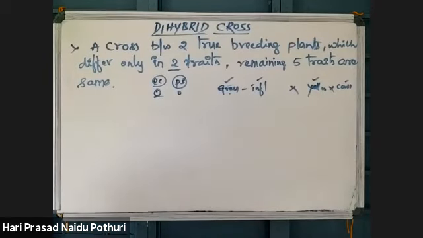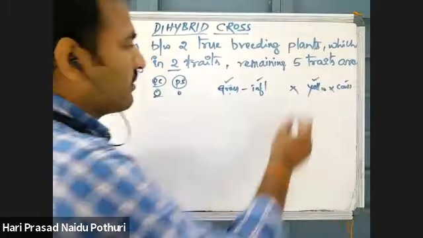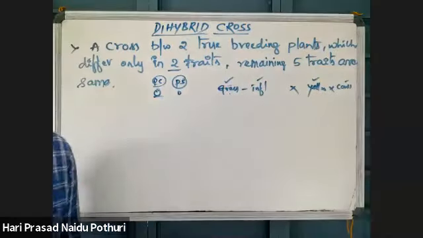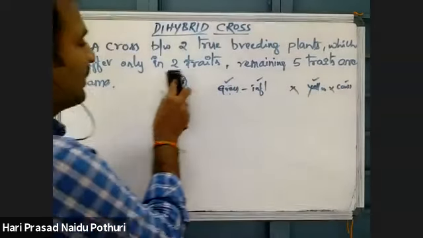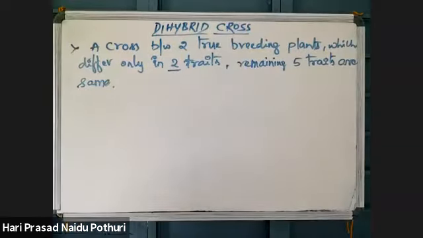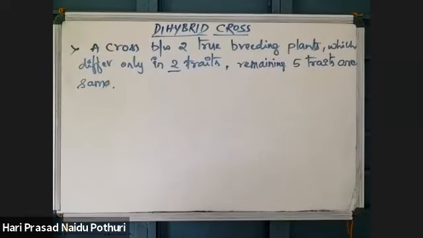Remaining all 5 characters are same, but only 2 are different. That type of cross is called dihybrid cross.